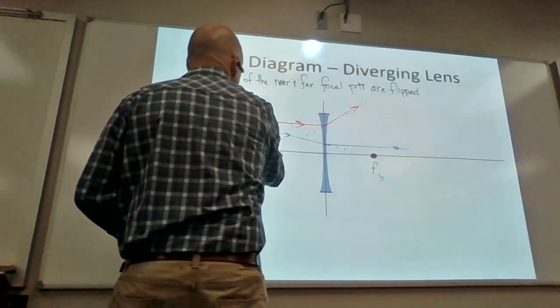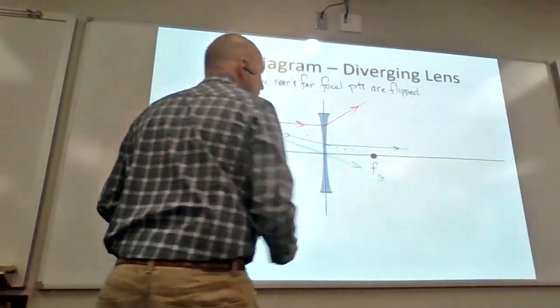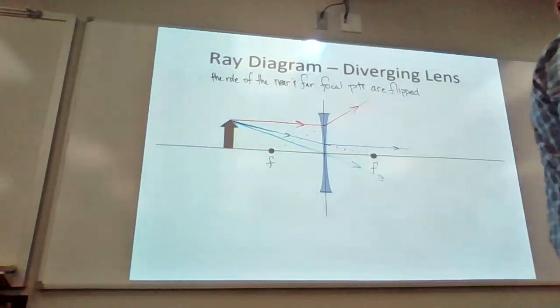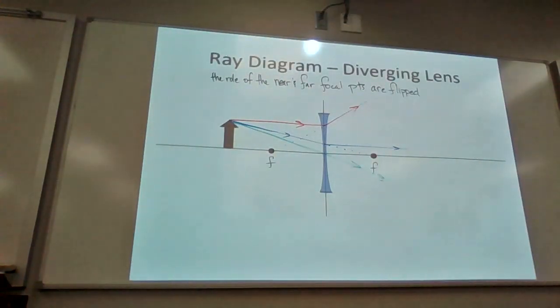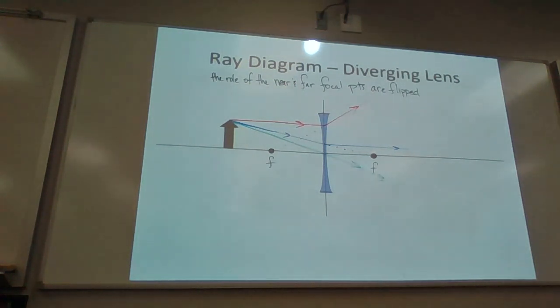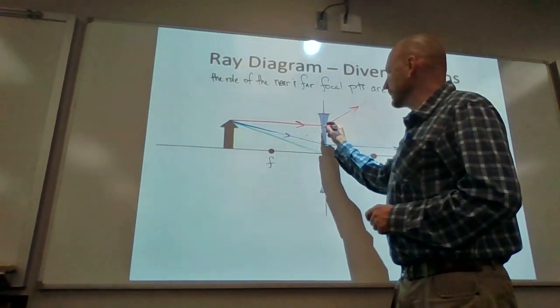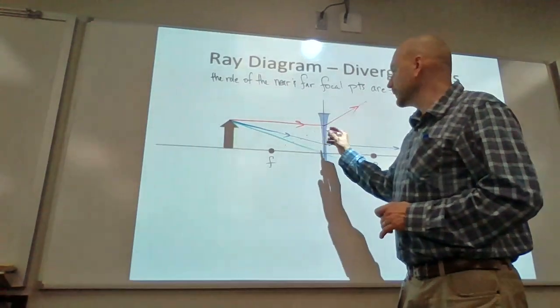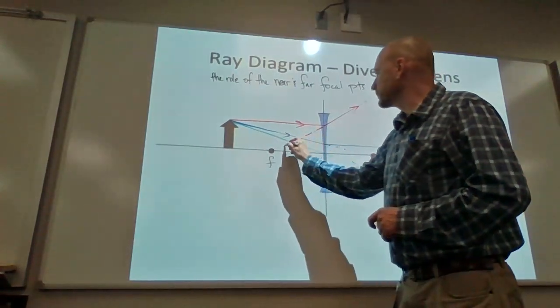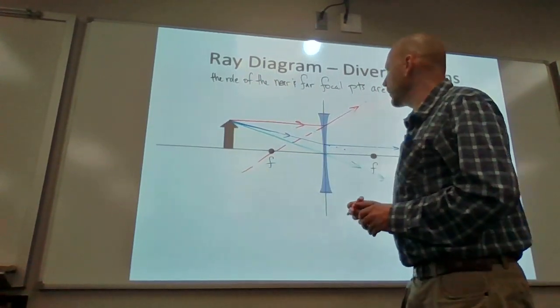Now, do the rays intersect? Nope. So what do you need to do? Extend the refracted rays backwards, like we did on this one. The red one's nice because the dotted line is already guiding our path here, so extending that one back.